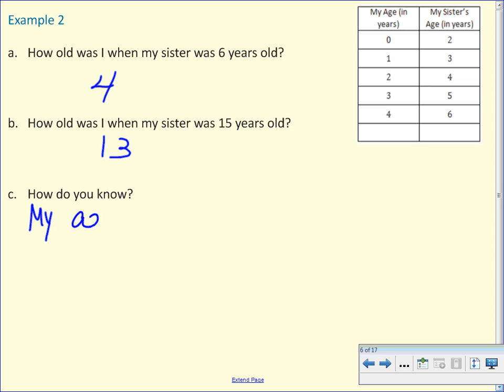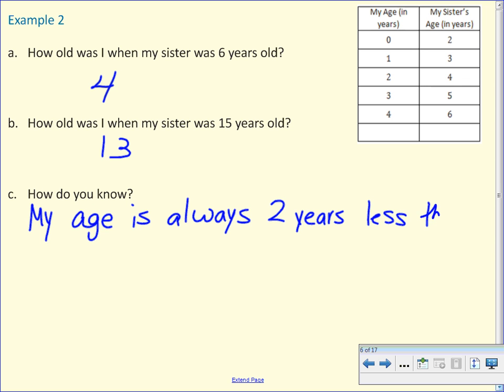Right, because my age is always 2 years what? It's 2 years less than my sister's age.